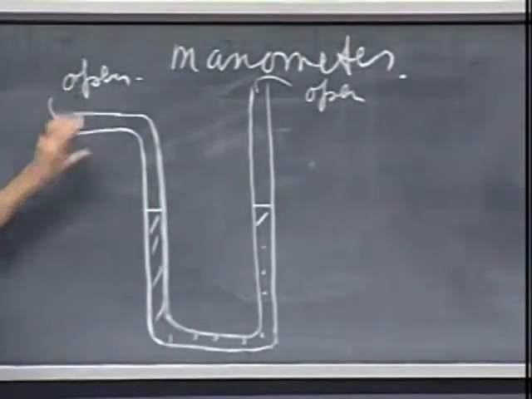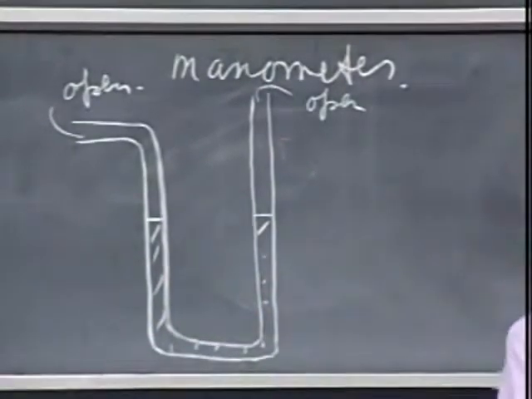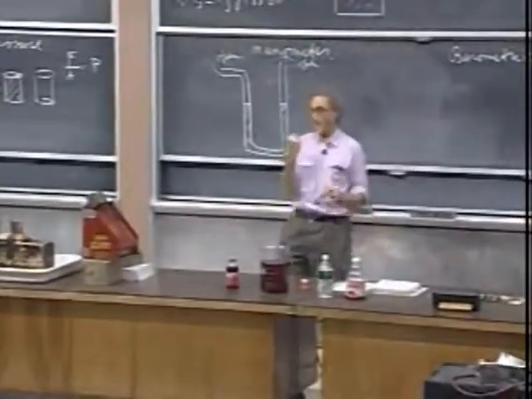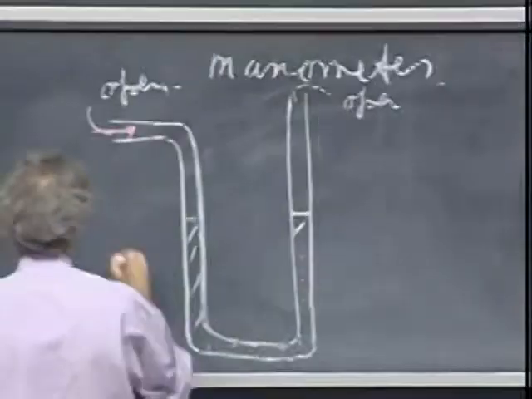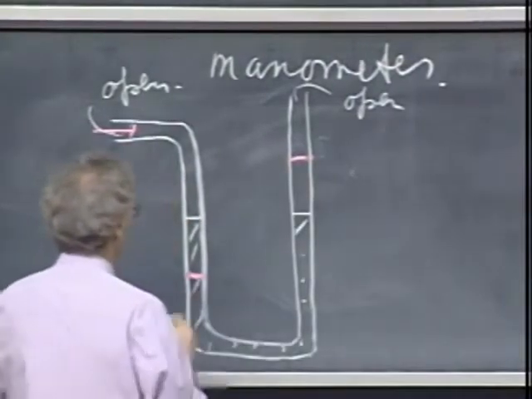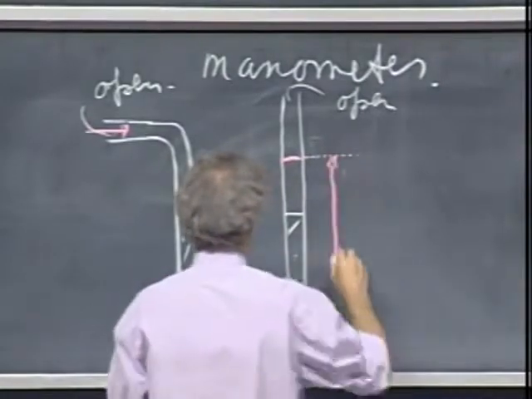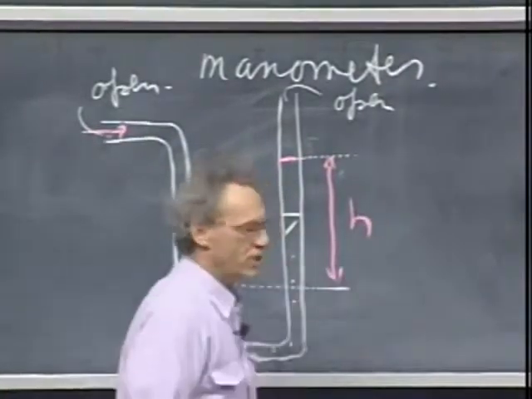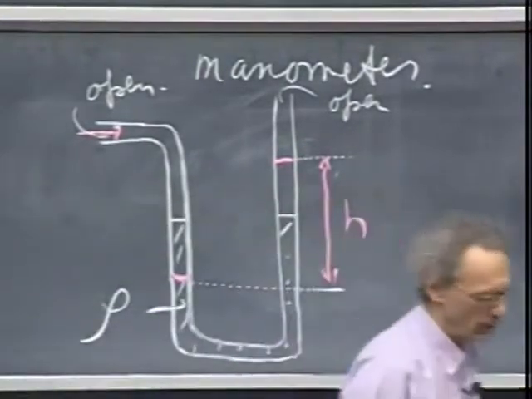I put my mouth here, and I'm going to see how much overpressure I can produce in my lungs by blowing. And so I'm going to blow in here, and then this level will go down, and this level will go up. And this height difference, let's call that h. And the density of this fluid is rho. We will use water for that.